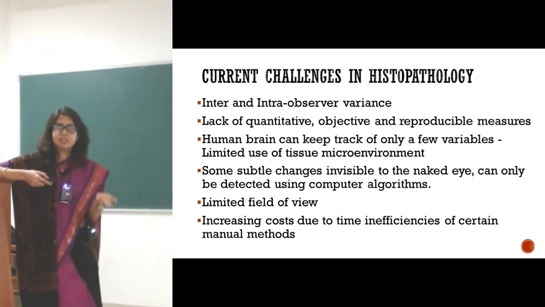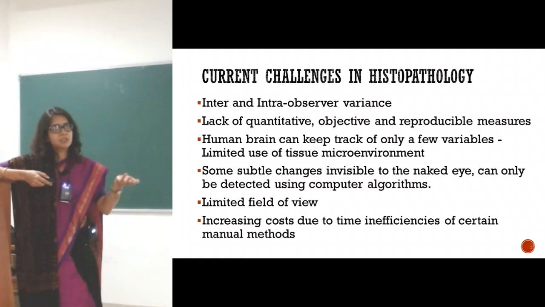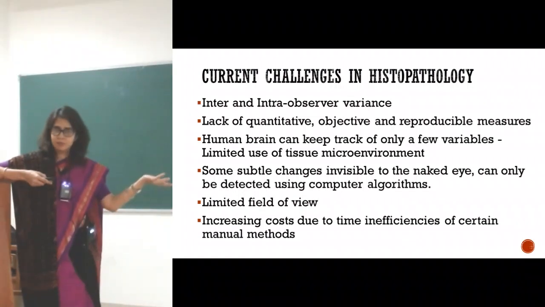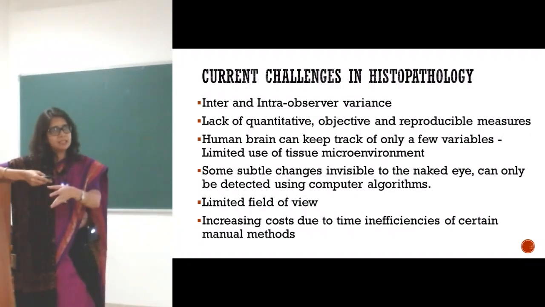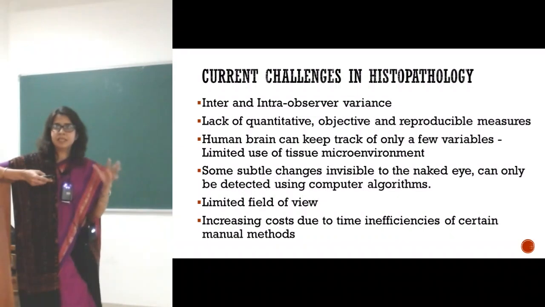When we diagnose, there is a lot of inter- and intra-observer variation. I think all of you would know someone who has had a report from one lab, then gone to another lab and got a different report. This is a common thing in histopathology because it's a very subjective science. We do grade our tumors, we do scoring, but the criteria are not very well defined.